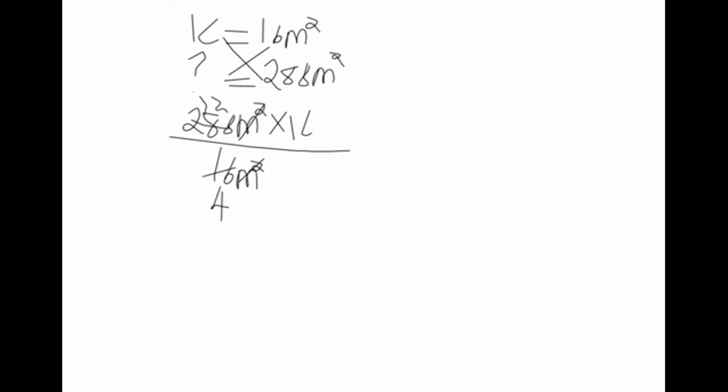So we have 72. Then 72 divided by 4 is 18. So we have 18 carpets, which will be used to fully cover the room.